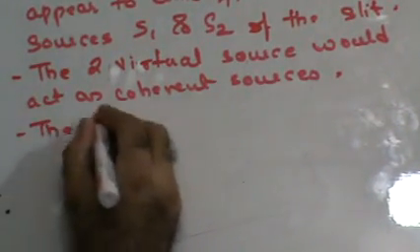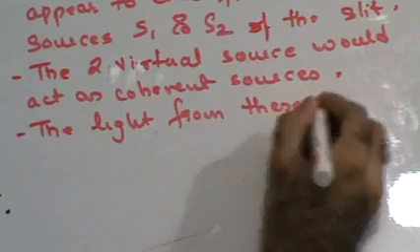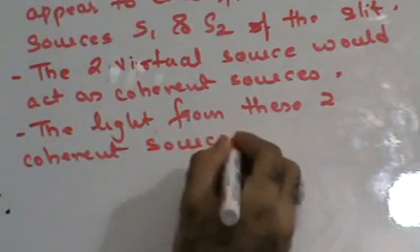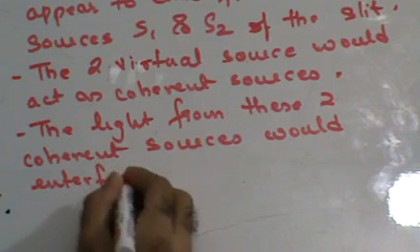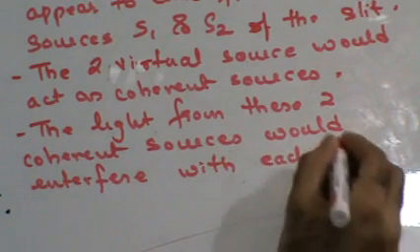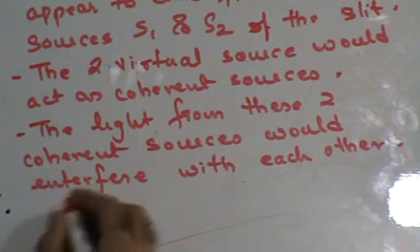The light from these two coherent sources would interfere with each other, and that's how you would get an interference pattern, right? So that's your ray diagram for Fresnel's biprism experiment. Now let us see the experimental arrangement for Fresnel's biprism experiment.